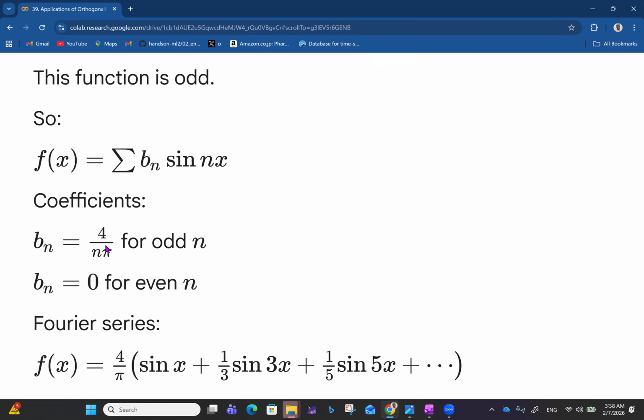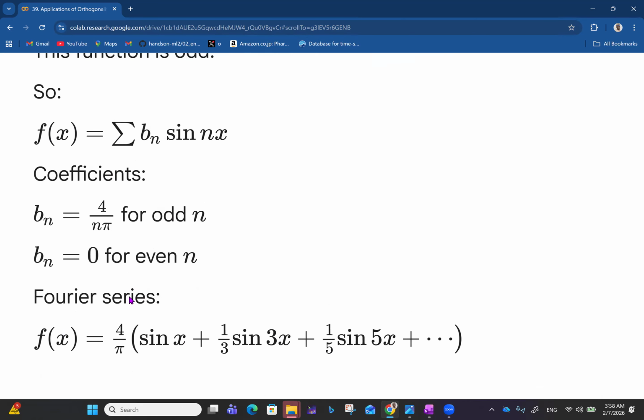The coefficient bn is 4 over n pi for odd n, and bn is 0 for even n. That's why you don't see any even terms here. All the sine 2x and 4x are gone because bn is 0. So the Fourier series for this square wave will be 4 over pi times sine x plus 1 over 3 sine 3x plus 1 over 5 sine 5x plus 1 over 7 sine 7x and so on and so forth.